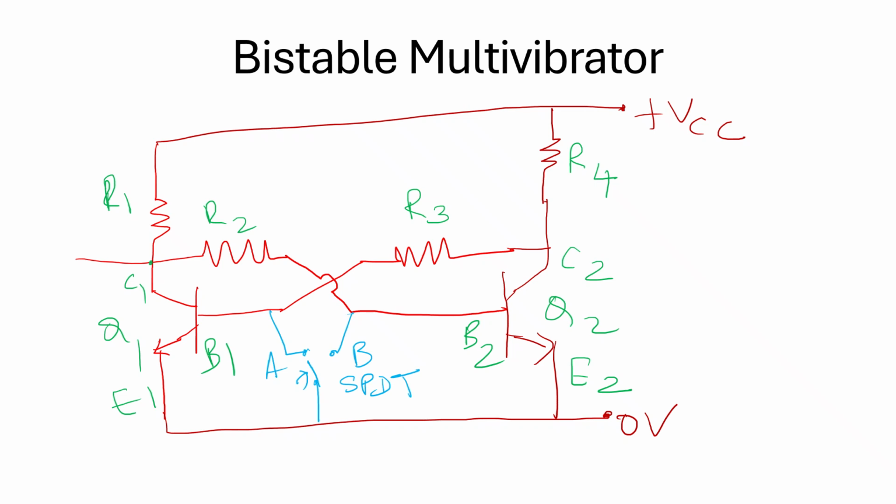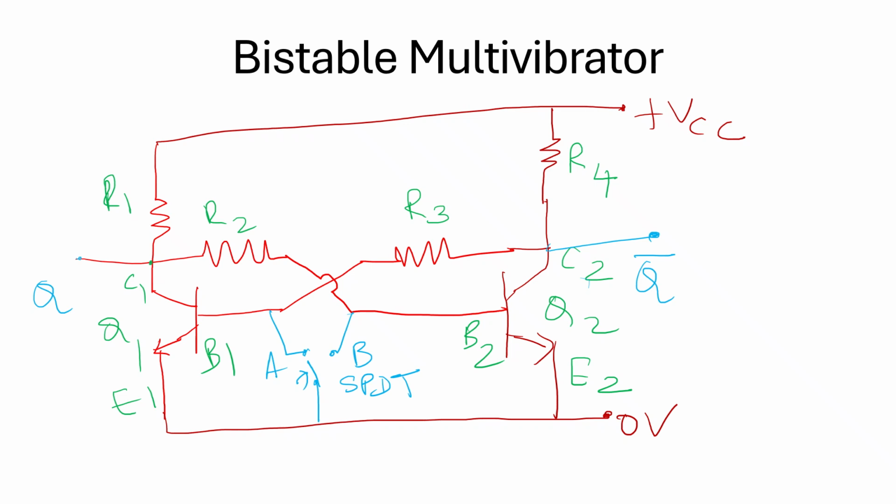So now let the output of collector terminal 1 be Q and the output of collector terminal of transistor 2 be Q bar. This is stable in both the states, either with one transistor off and the other on, or the first transistor on and the second transistor off.